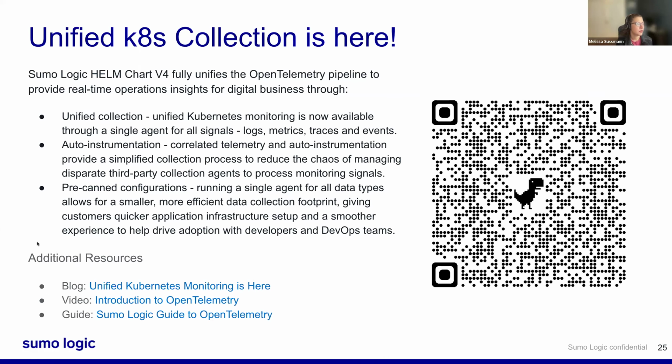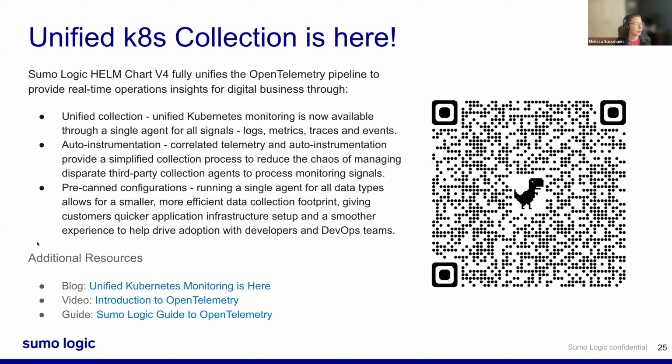This was with Sumo Logic Helm Chart v4, which fully unified the OpenTelemetry pipeline to provide real-time operations and insights for digital business through unified collection, which again means putting the logs, metrics, traces together, with auto instrumentation. We've been doing that for a while, but this was an updated version, correlated telemetry and auto instrumentation, with pre-canned configurations.